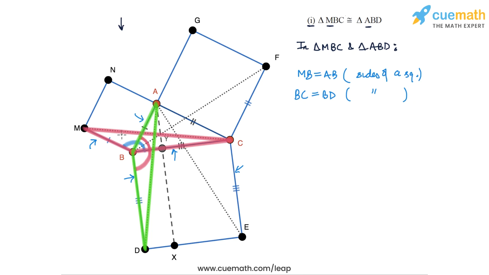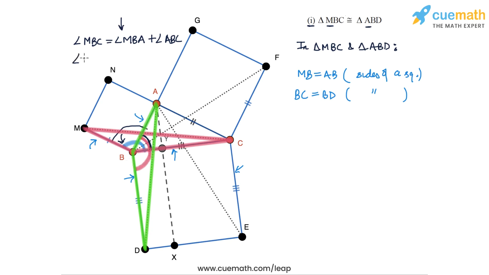The first angle, angle MBC, is made up of two parts, and I'm going to write these two parts. As I write them, visualize them in the figure. So angle MBC is made up of angle MBA, which is this angle, plus angle ABC, which is this angle between AB and BC.